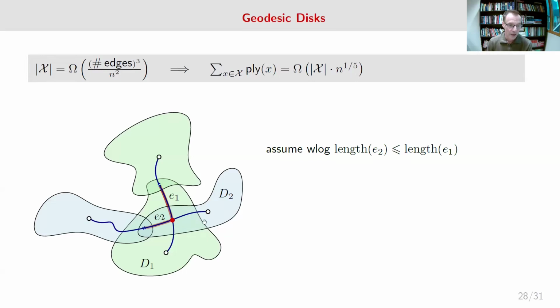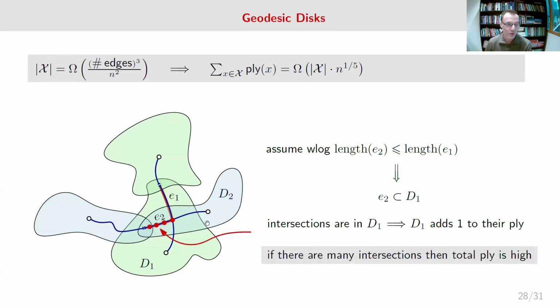But that means that all the other crossings located on there are all inside this geodesic disk. So you can imagine that if you have many crossings, you can argue that you also get many crossings inside many disks. So the total ply over all the crossings is large, and therefore there is one crossing that has very large ply, but that's not possible because we started by removing things of very high ply, so the ply was low.